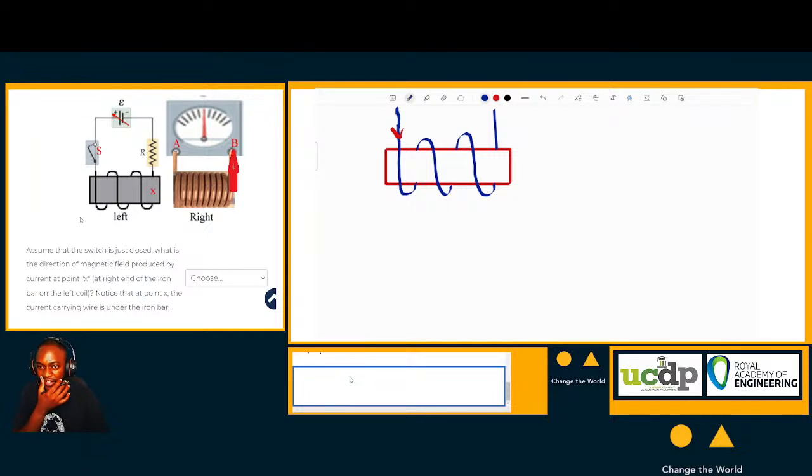From the circuit, can you see that current will flow from positive to negative, and this is how the current will flow on that loop to be like this. It goes under like that.